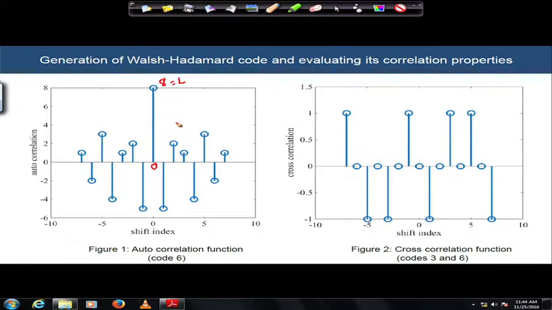Usually, such codes which give you such good autocorrelation properties, as we are aware, are the PN sequences. You might have learnt about maximal length sequences, pseudo-random noise sequences, and also codes such as Barker sequences.